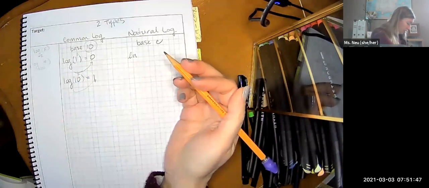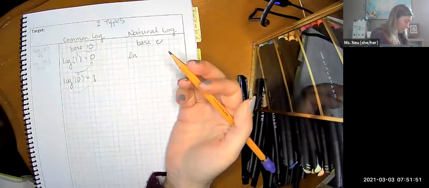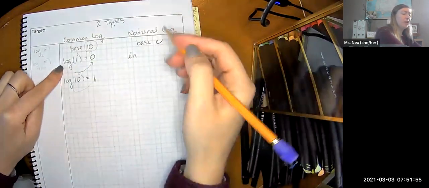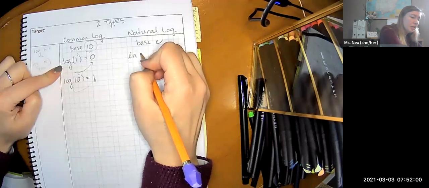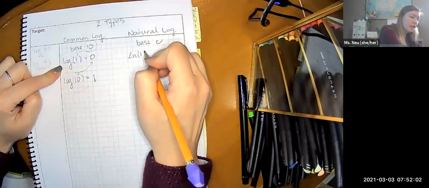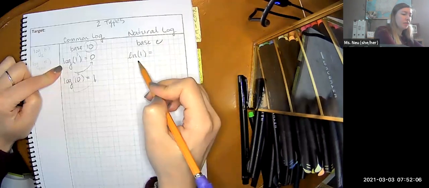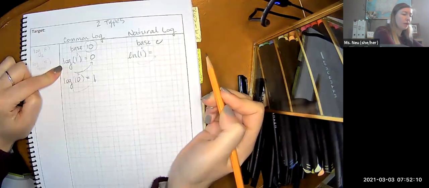So e, we can do the same thing with these, right? They're going to be kind of similar. Nice, pretty examples. So this is like log base e. So e to the power of what gets me back to 1?